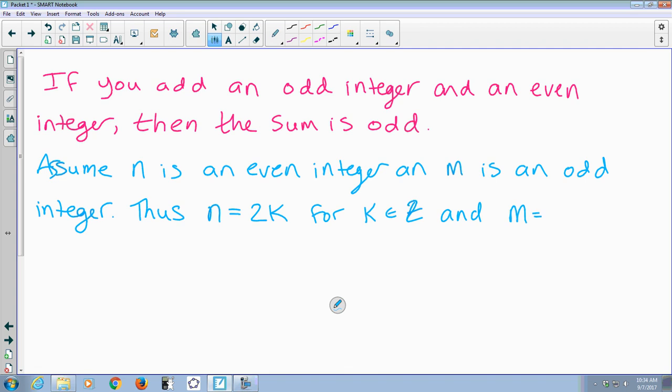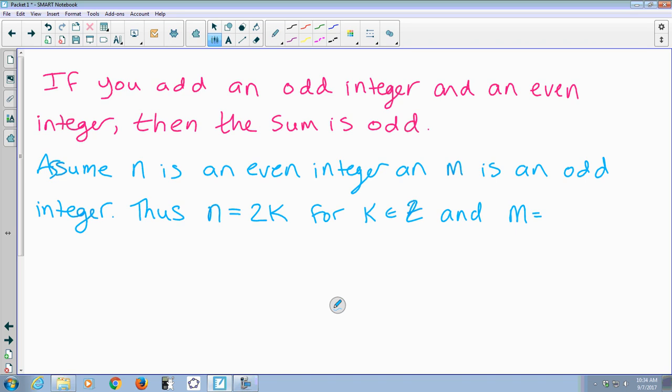Okay. So what do you think the definition of odd should be? Yeah. Yeah, either one is fine. The convention is +1, but you can use either one. 2 times something plus 1 is how you get an odd number. So we're going to say the definition of an odd is that it can be written as 2 times something plus 1. It's not necessarily the same something that we used for the even, right?